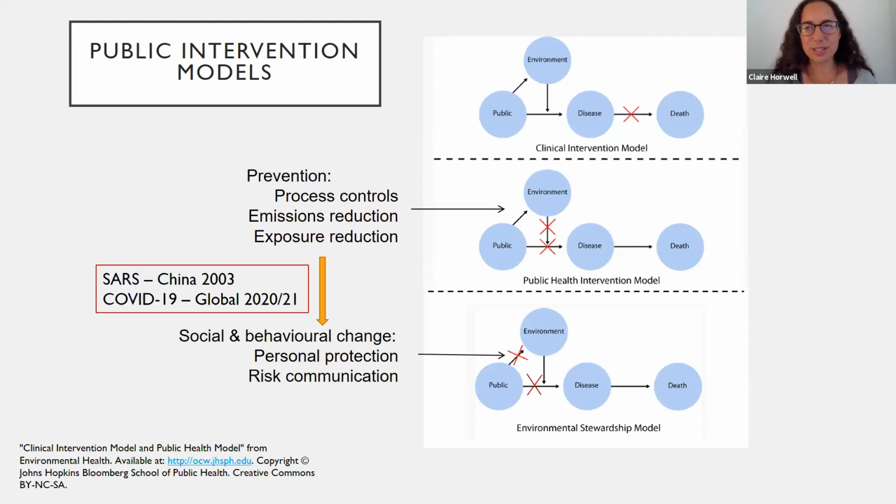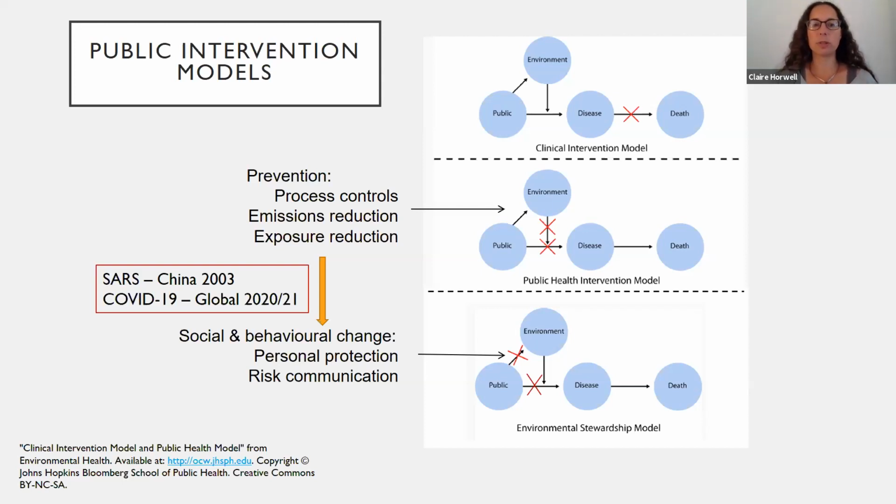Now, we started to see this not just through public health interventions and through government interventions, but through personal decisions, starting in China in 2003, when the SARS crisis meant that respiratory protection was worn by the public on a large scale for the first time. And following that crisis, people continued to wear respiratory protection to stop themselves being exposed to air pollution.